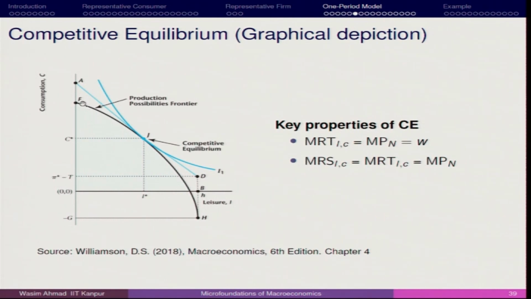Finally we arrive at the point J, where H minus L is the amount of labor supplied, and the consumer will be consuming C star, which corresponds to point J. So in this chart, point J is the competitive equilibrium point, and if you move along the line BD, this representative consumer will be hovering around this.